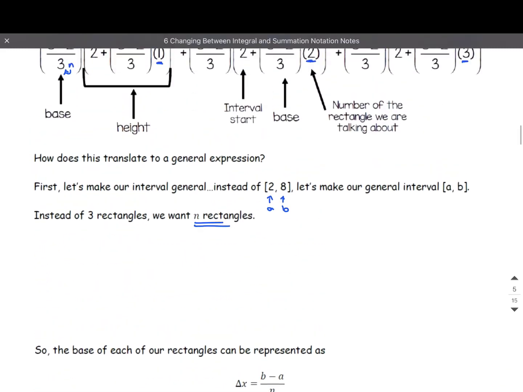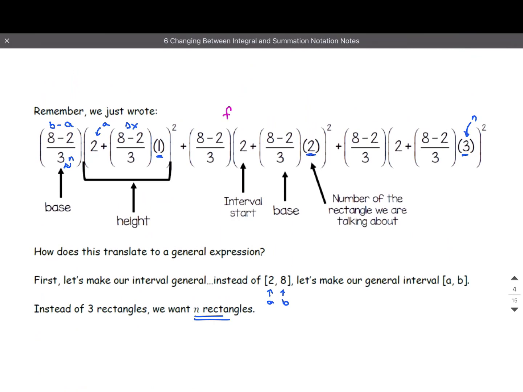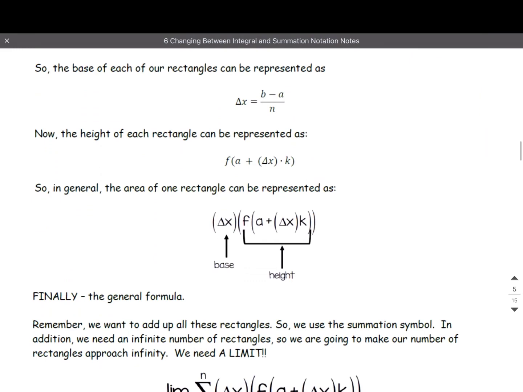Remember, if we look back at this term right in here, it is f of the 2, which was a, plus this was delta x, and this is the k, which counts which rectangle we are in. Okay, so that's the function value that we're going to use. That's going to be our height. Okay, and we already know that the base is delta x, which is b minus a over n.